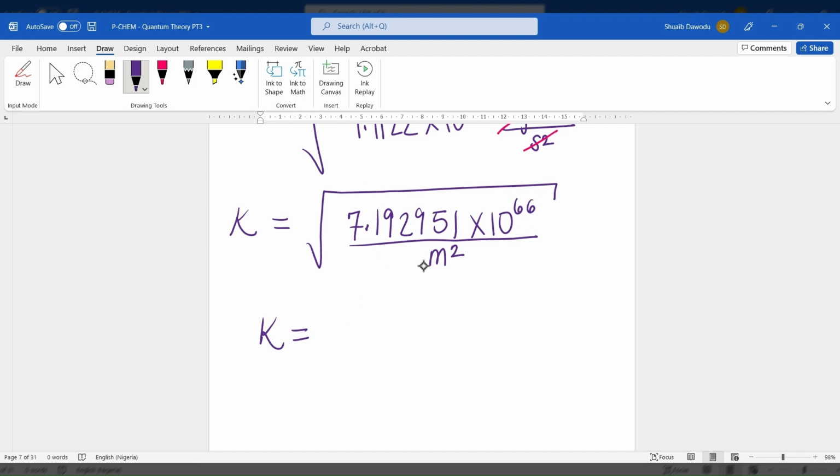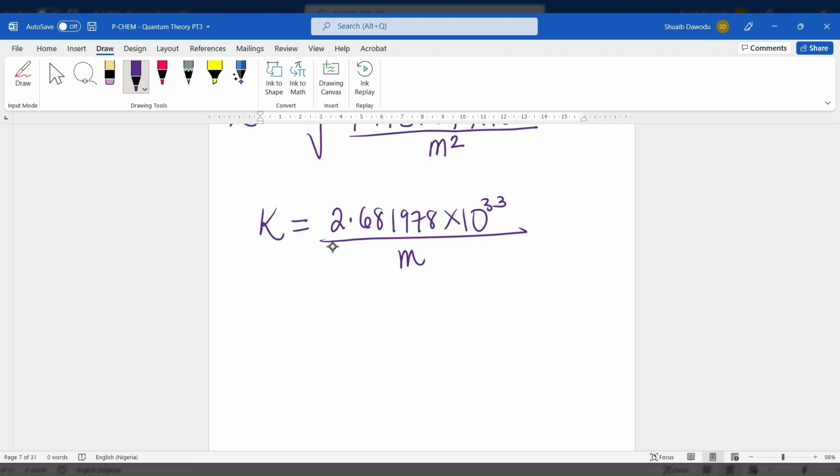When we do the square root of this value, we end up getting 2.681978 times 10 raised to the power of 33 divided by, of course, meter squared. The square root of meter squared is just meters. So we have our answer: k is equal to 2.681978 times 10 raised to the power of 33 meter raised to the power of negative 1.